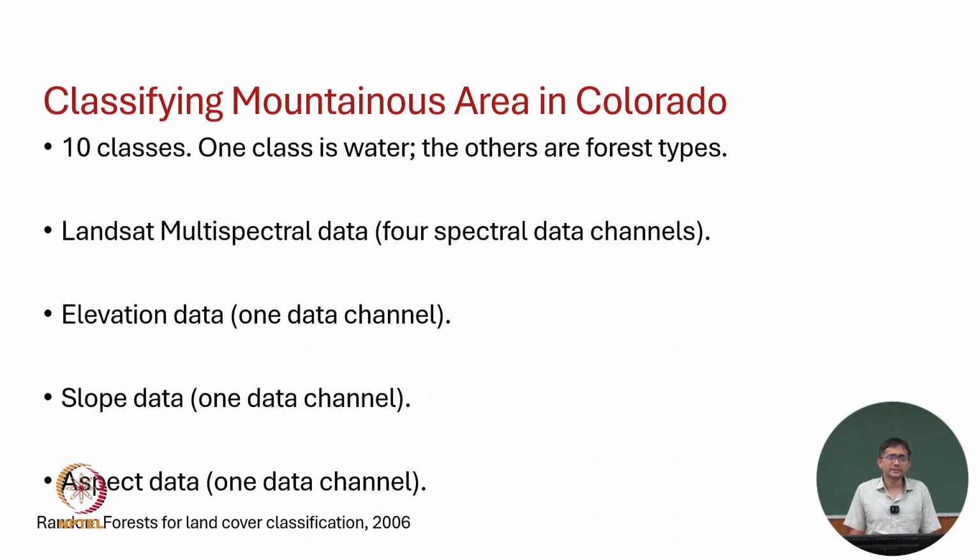One class is water and the others are forest types. Landsat data, that is 4 spectral data channels from there. Additionally, other data channels such as elevation data, slope data, aspect data have been used in this particular use case. So we see about 7 input features, right?